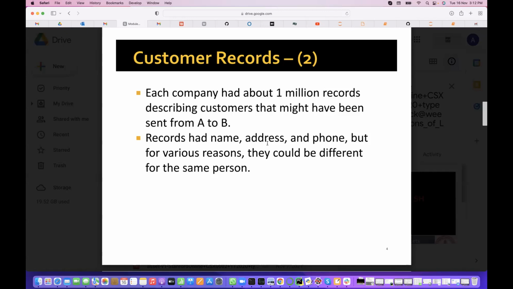Is there a possibility that the name will be in two different ways? First name, last name, or last name, first name? Yes, the order might be changed, or they might have put initials instead of extending those initials. All those things will come. Also the titles may change. If somebody finished a PhD, then Doctor might have come; earlier it is not there. If they study engineering, then Engineer may come, or the medical Doctor.